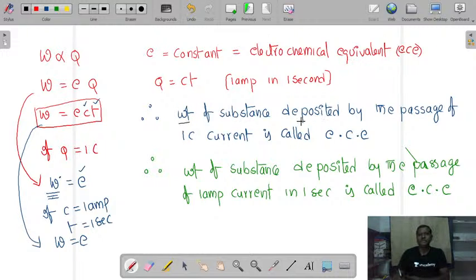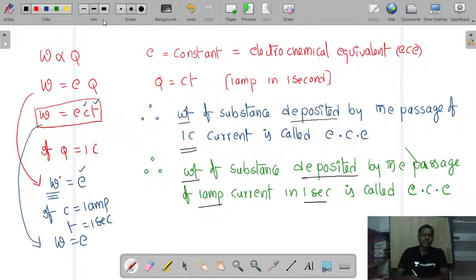Weight of the substance deposited by the passage of 1 coulomb current, or weight of the substance deposited by the passage of 1 ampere current in 1 second time is called electrochemical equivalent.